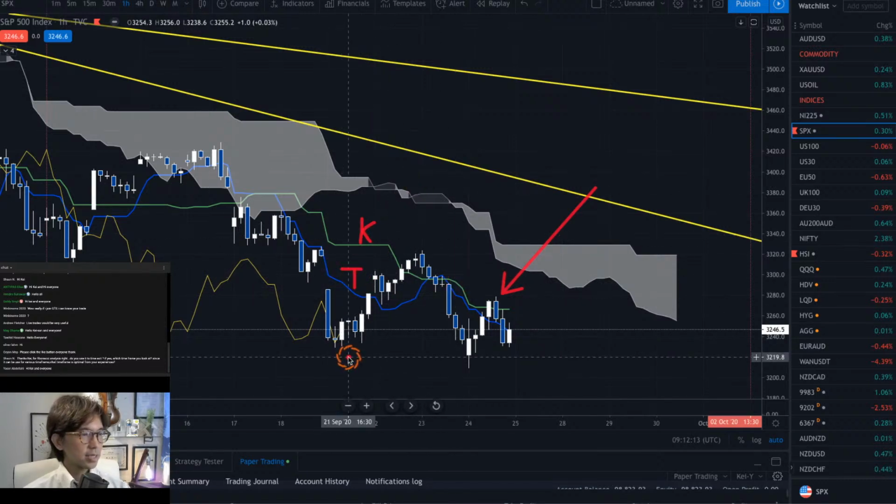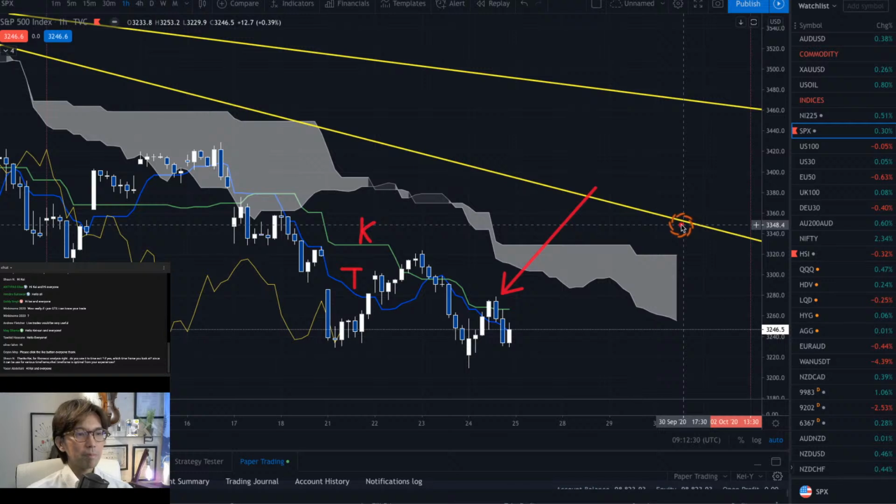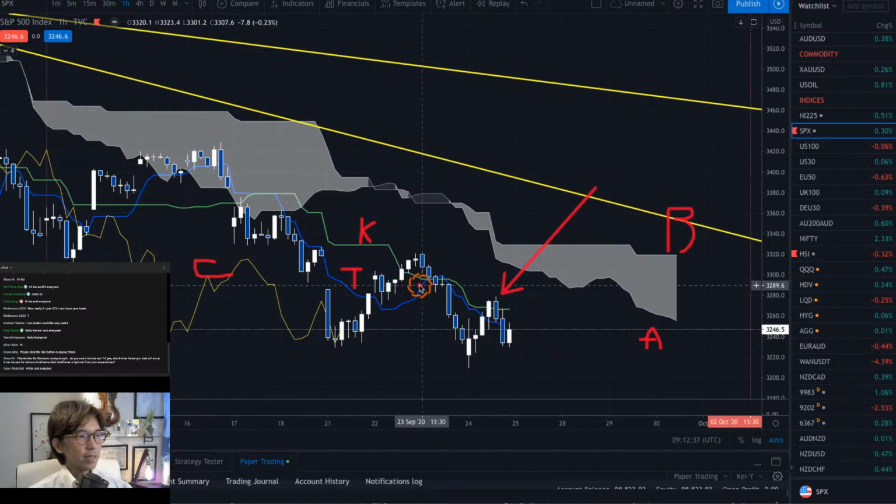Kijun Sen and Tenkan Sen are the most important lines in Ichimoku, because originally in Ichimoku there were only Kijun Sen and Tenkan Sen, and all other lines were kind of supportive, and that's why they're called spans, like Senkou Span B and Senkou Span A and Chikou Span. So yeah, the most important lines in Ichimoku are actually Kijun Sen and Tenkan Sen. This is just for your information.